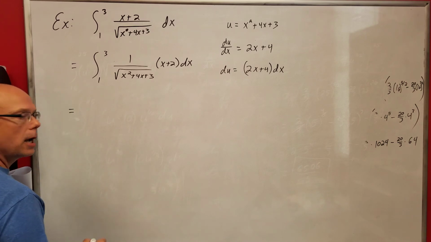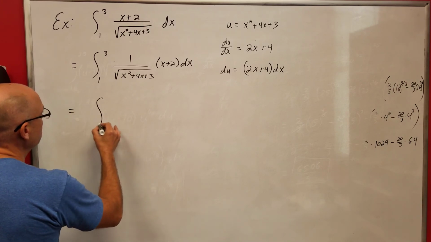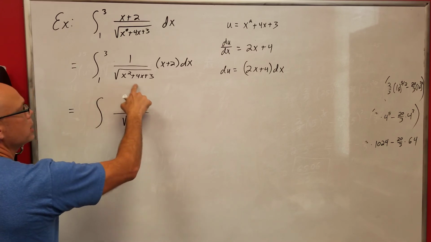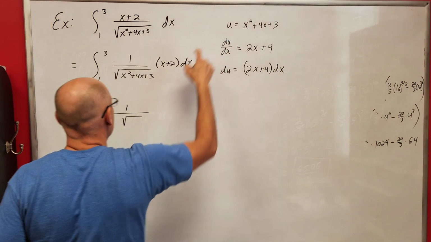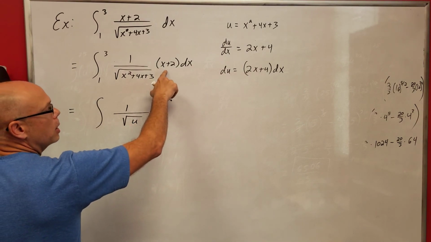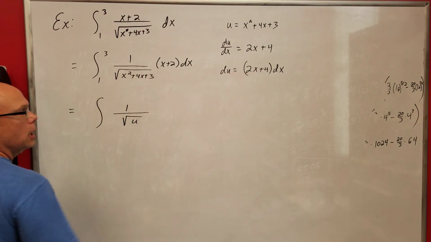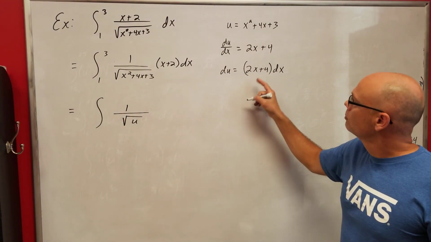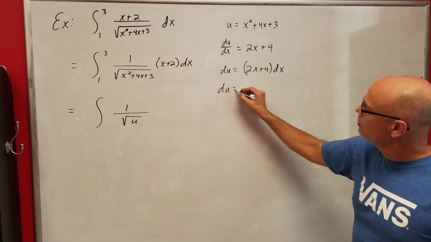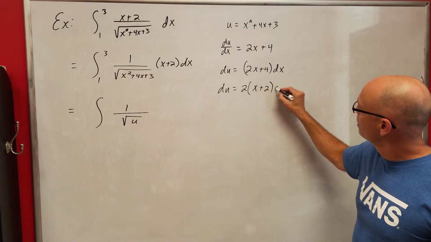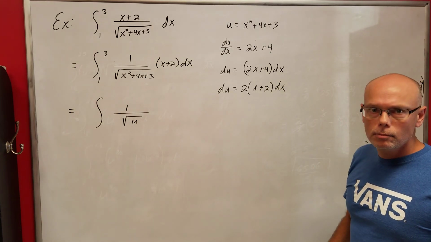So let's see what we have here. We're going to have the integral of 1 over the square root of, what did I let that stuff be? Let that stuff be u. What about this part, x plus 2 dx? I don't have that exactly right here, right? But could I factor 2 out of this? Then I get 2 times x plus 2 dx.